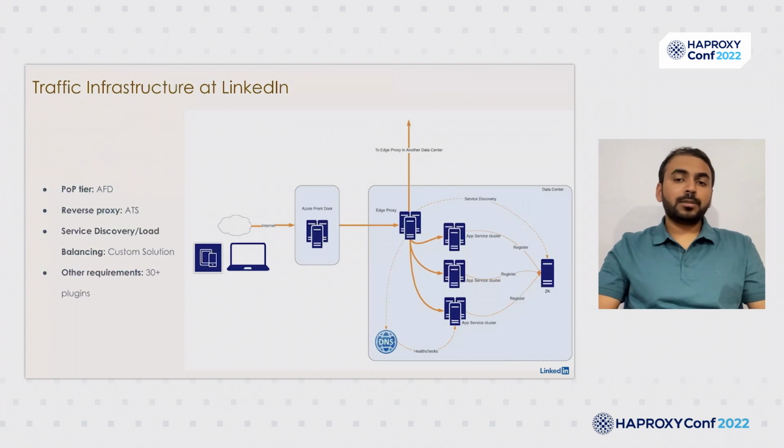And what ATS does is it runs 30 plus custom plugins that we have written in order to support the various business needs that we talked about earlier in the previous slide. And after running these 30 plus plugins, it forwards the request to one of the application servers in the same data center or sometimes in a different data center as well.